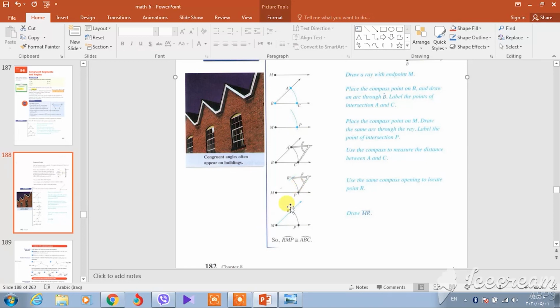After that we make another ray. I write it MR. I write this point R, for example. So if we look, we have angle RMP congruent to angle ABC. I want to show you a video of how you can use a compass and how you can use a protractor, students. I use a protractor also.